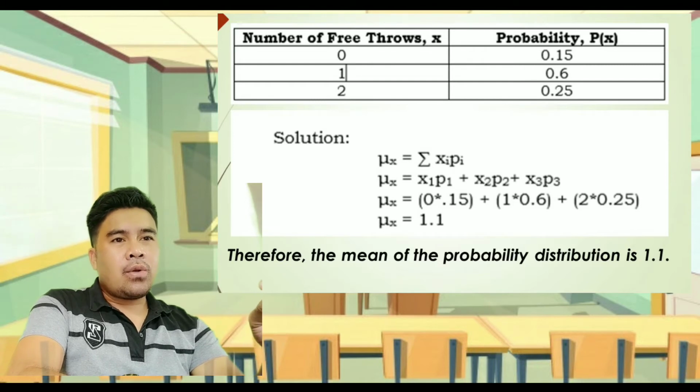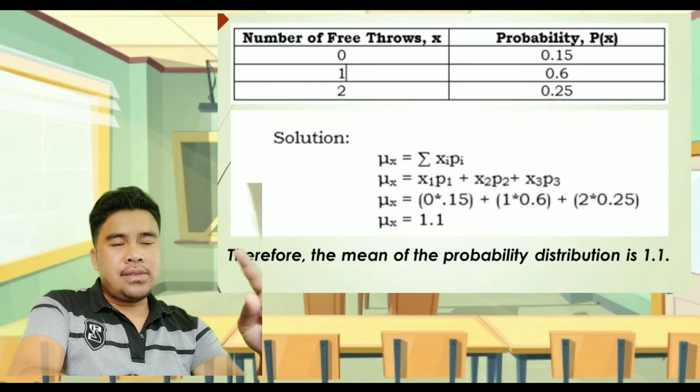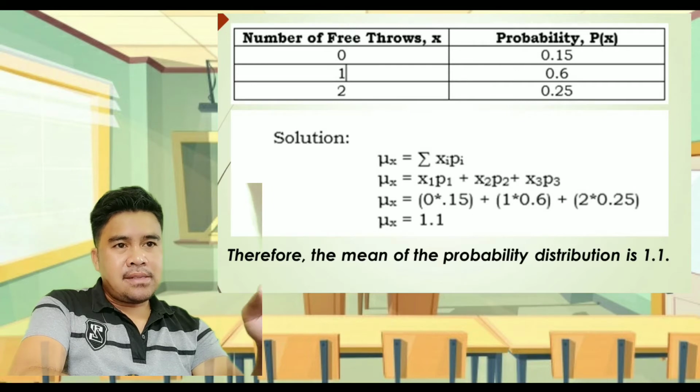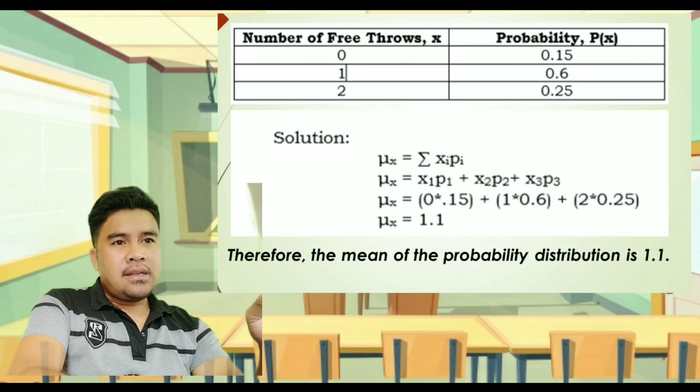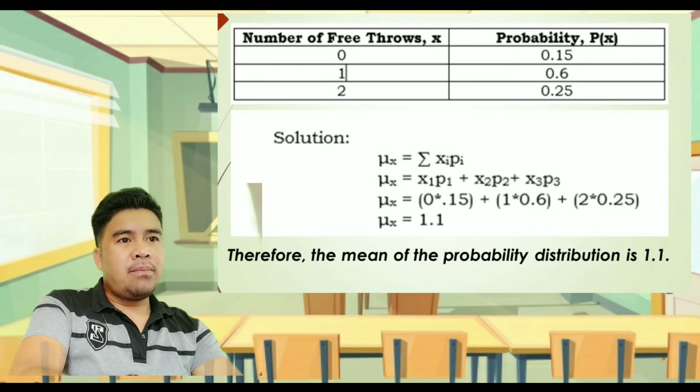So we have x sub 1 is 0, times 0.15, our p sub 1, plus our x sub 2, that is 1, times the corresponding probability 0.6, plus the third x, which is 2, times 0.25.